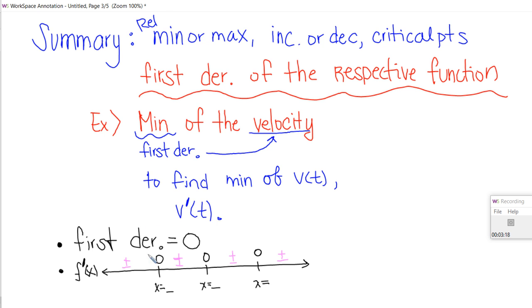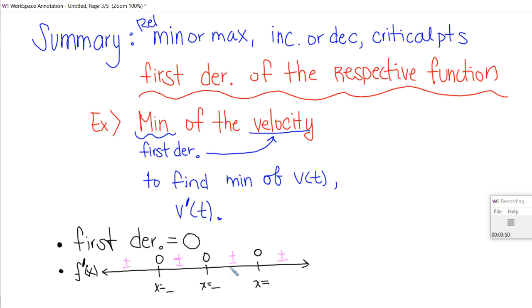If it changed from positive to 0 to negative, that means it went like this. That's my visual: positive slope, 0 slope, negative slope. That creates a maximum. If I were to go from negative slope to 0 to positive slope, that's my visual right there. That means it created the minimum.